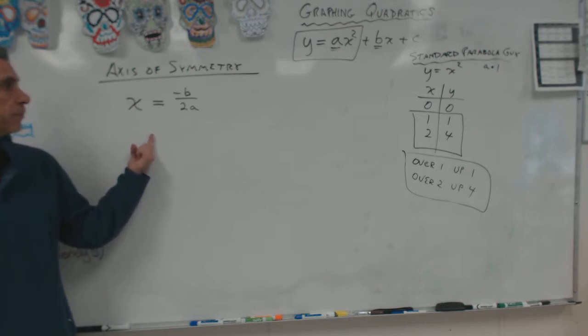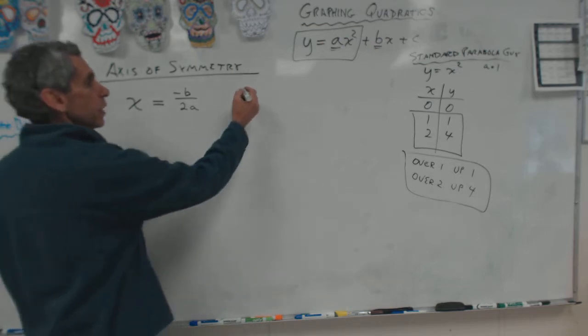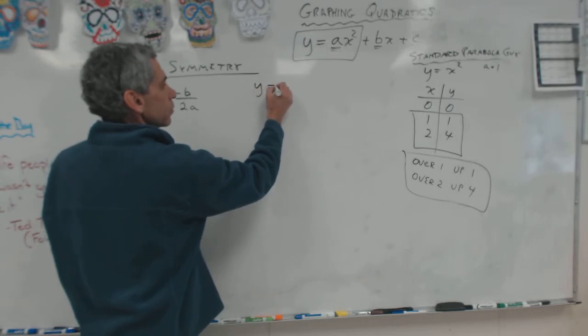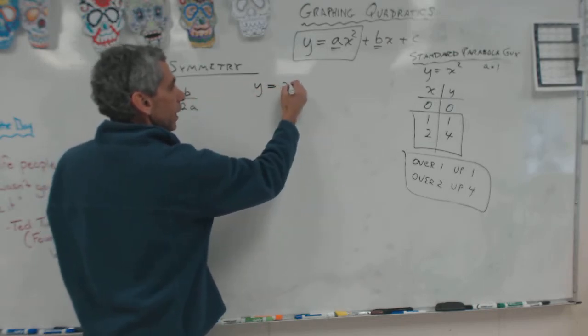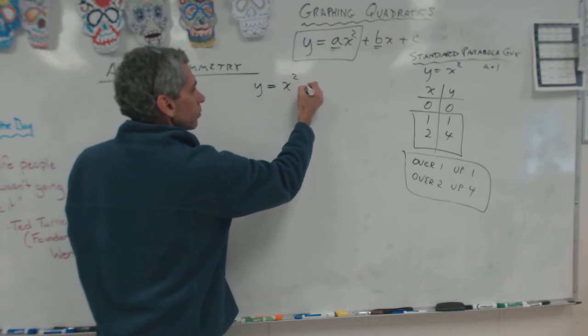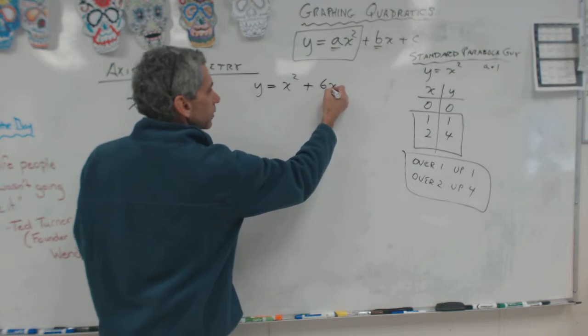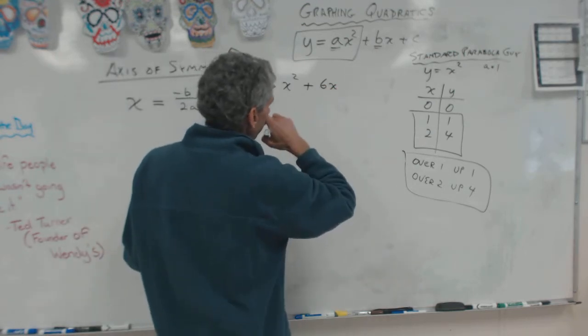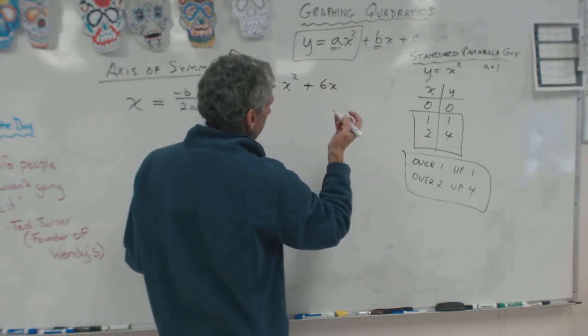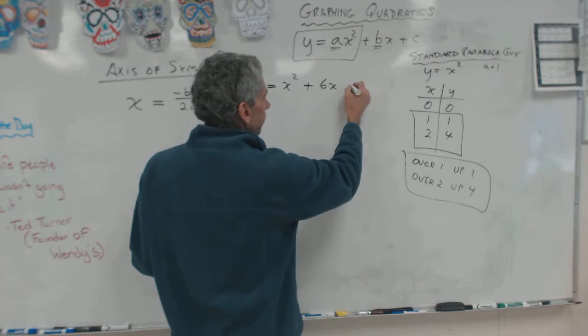So let's try one. y is equal to x squared plus 6x, let me think about this for 1 second, 18, 9, plus 12.